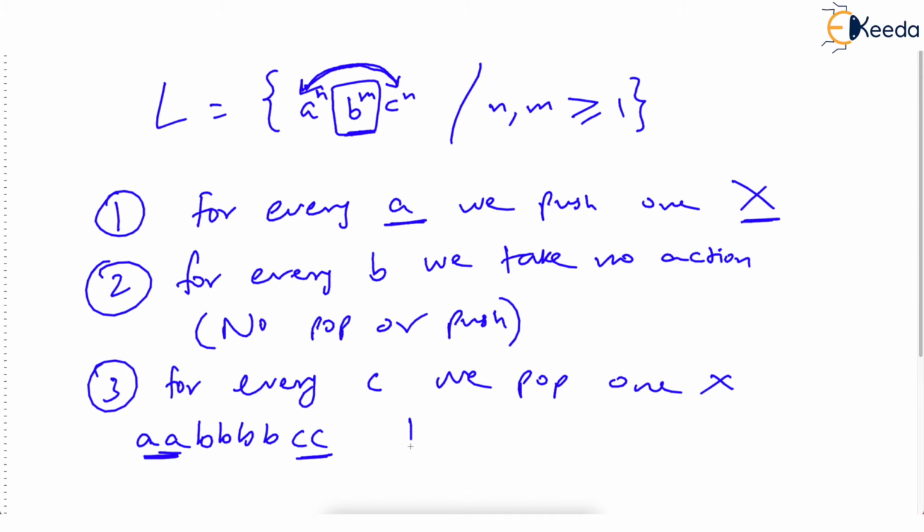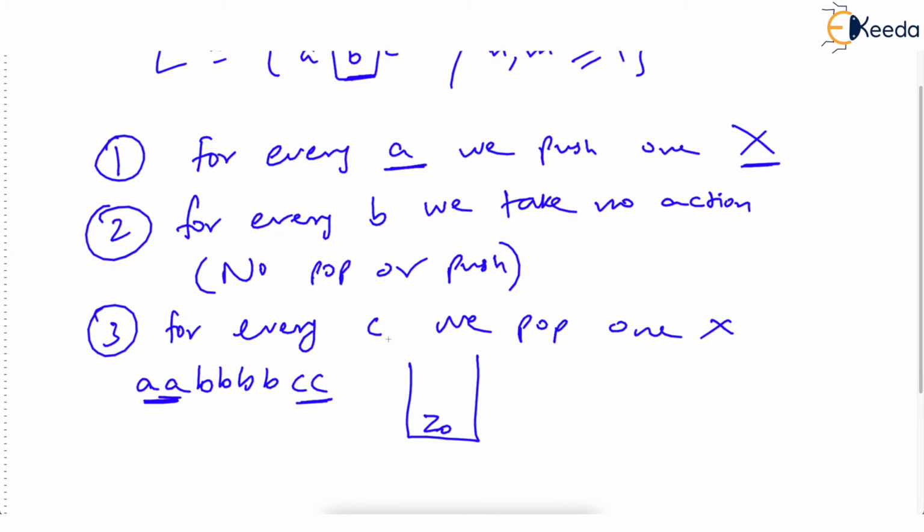What should we do? Initially the stack should contain Z0, as you all know. The stack is not initially empty at all. When we encounter the first A, we will push X. When we encounter the second A, we will push X. When we encounter this B, or any B, we will not take any action. That means the stack will remain unchanged.